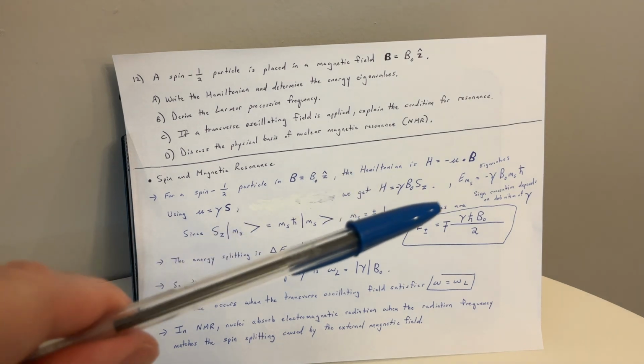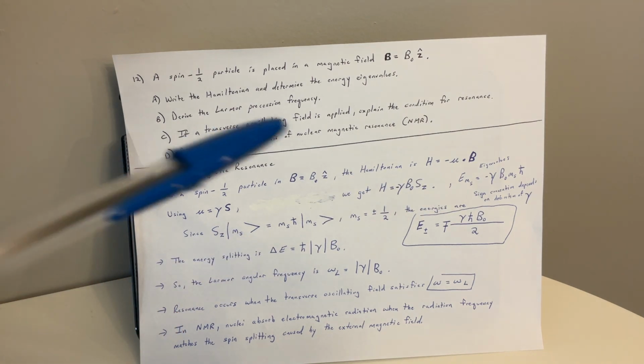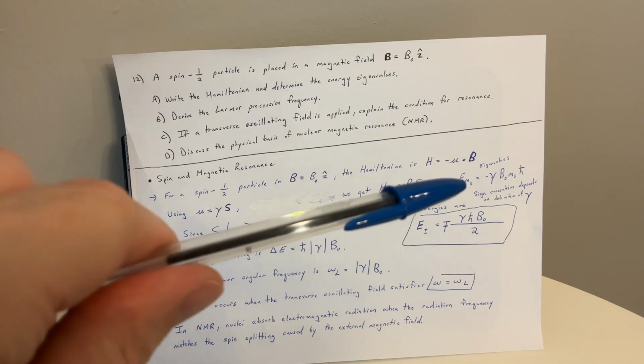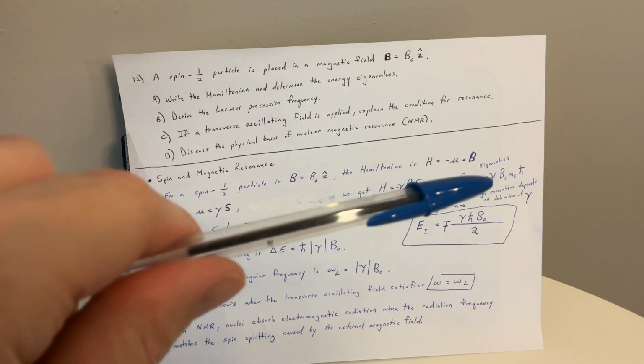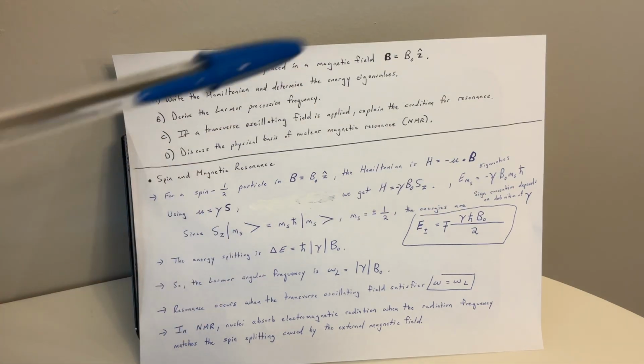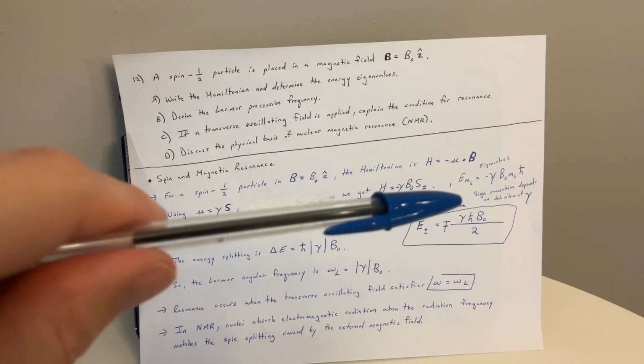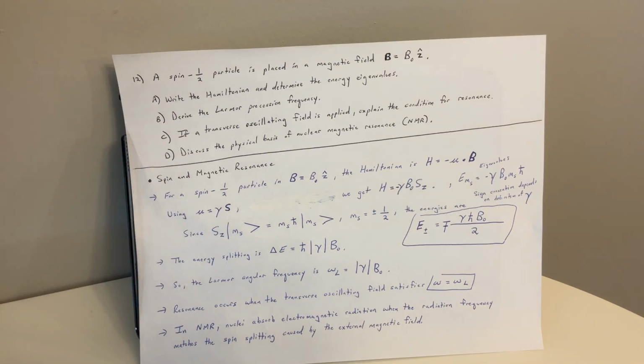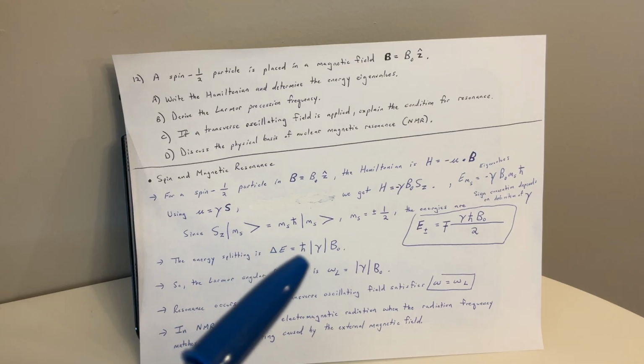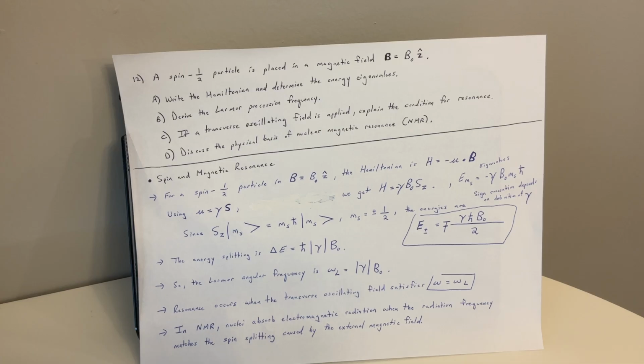And just to add on to this, if we do all the math, the eigenvalues E sub m sub s equal negative gamma B naught m sub s h bar. Sign convention depends on the definition of gamma, which is important to note. The energy splitting is delta E equals h bar magnitude gamma times B naught. So the Larmor angular frequency is omega sub L equals magnitude gamma times B naught.